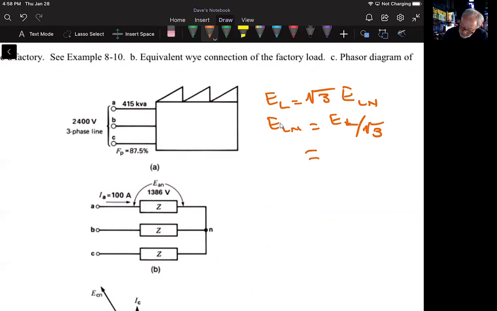For our particular case, we've got a 2400 volt line divided by square root of 3, and that comes out to be 1,386 volts from line to neutral. And he's showing us that here, from line to neutral.